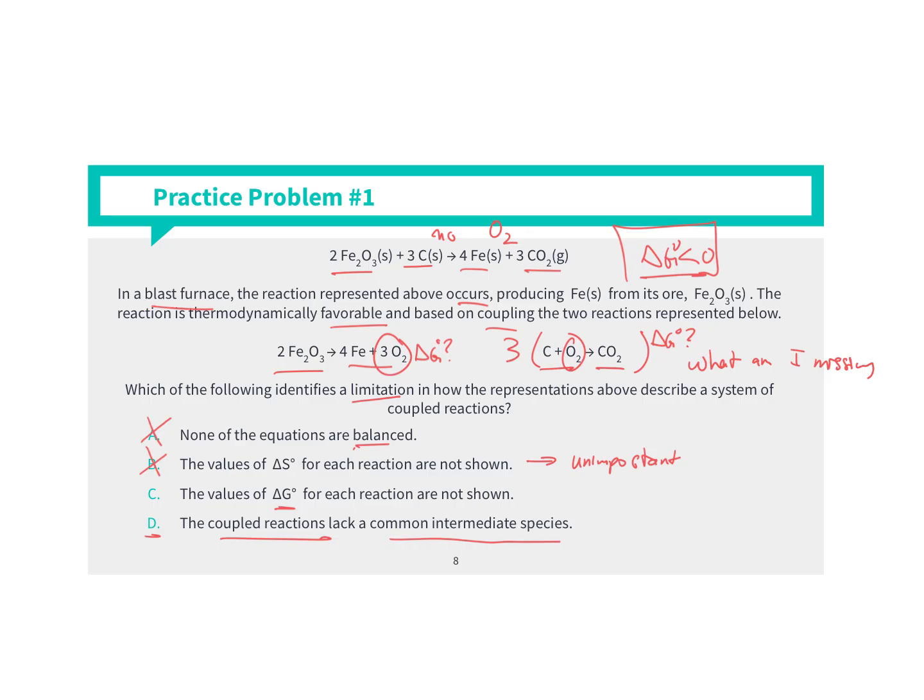And so if we look, again, I said that in our reactions we need something that's in common, and we can see here that in both reactions we have O2. And so D can't be possible because we do have a common intermediate species. And in reality, the thing that we're missing here is delta G. If we're coupling reactions together, we need delta G's for each of these reactions, and so that's the limitation in our reaction. We'll go over this a little bit more in class, but for now that's all. Thanks, guys.